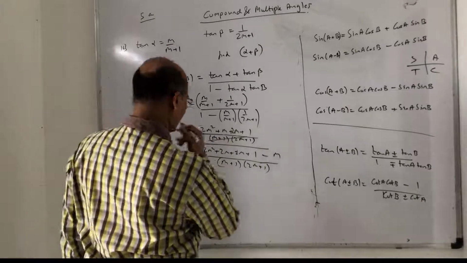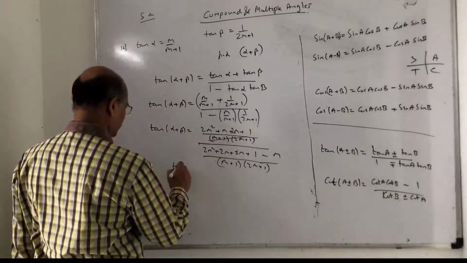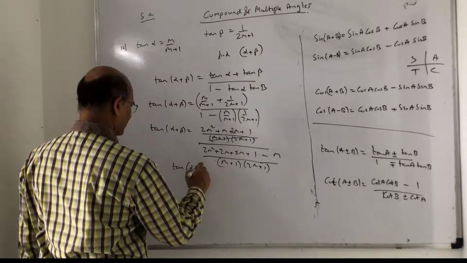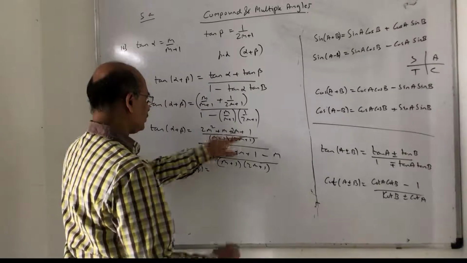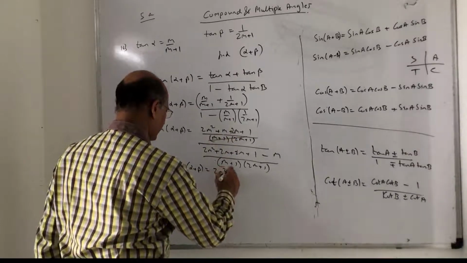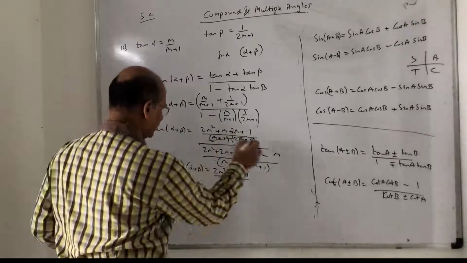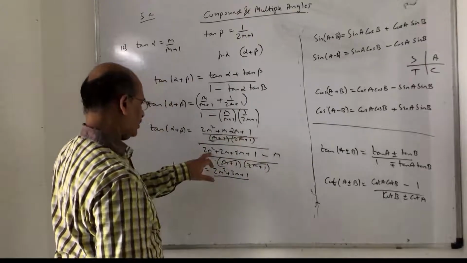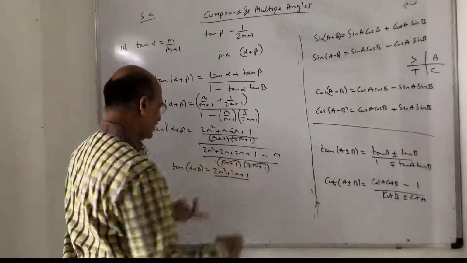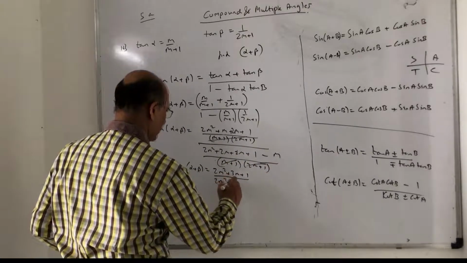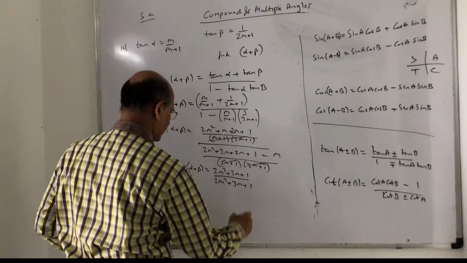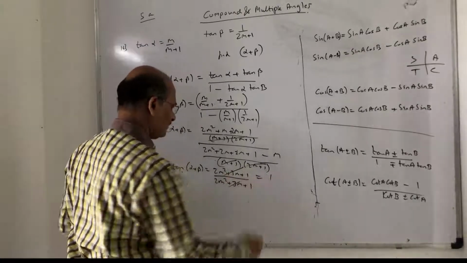Look at this clearly. So tan of alpha plus beta is equal to 2m square plus 3m plus 1 upon, now this cancels with this basically, 2m square plus 4m minus m is 3m. So 2m square plus 3m plus 1, so again it cancels, which is nothing but 1.